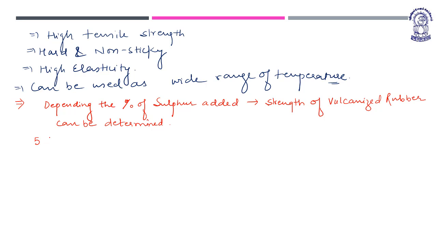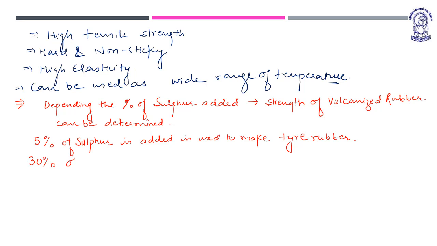For example, 5% of sulfur added is used to make tires, and 30% of sulfur is added to make battery case rubber.